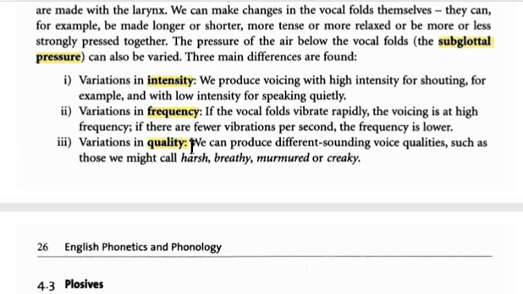The quality is related to the length of the vocal folds, so you can imitate many sounds by changing the way the vocal folds are shaped. It's like a musical instrument, you can change it the way you like.